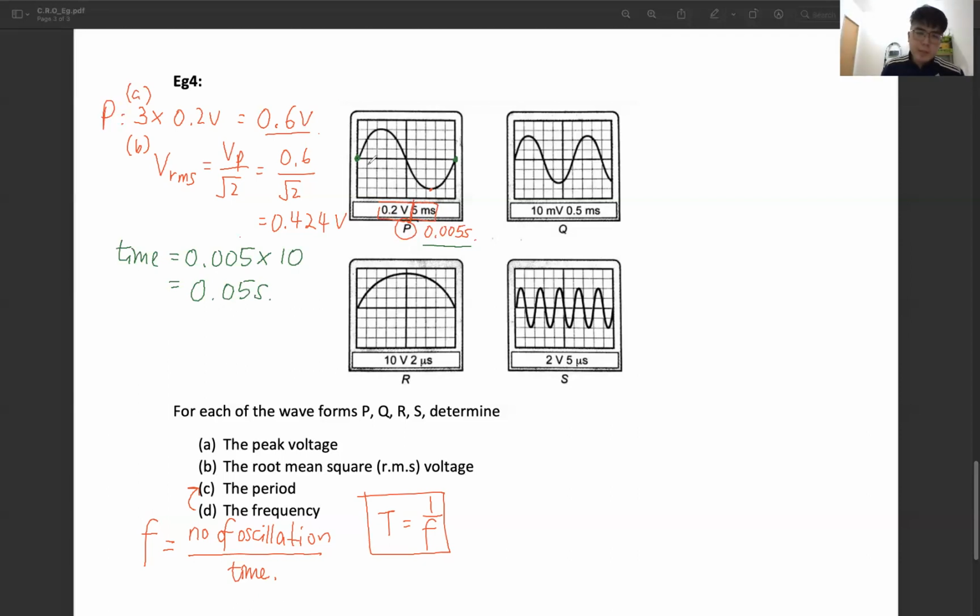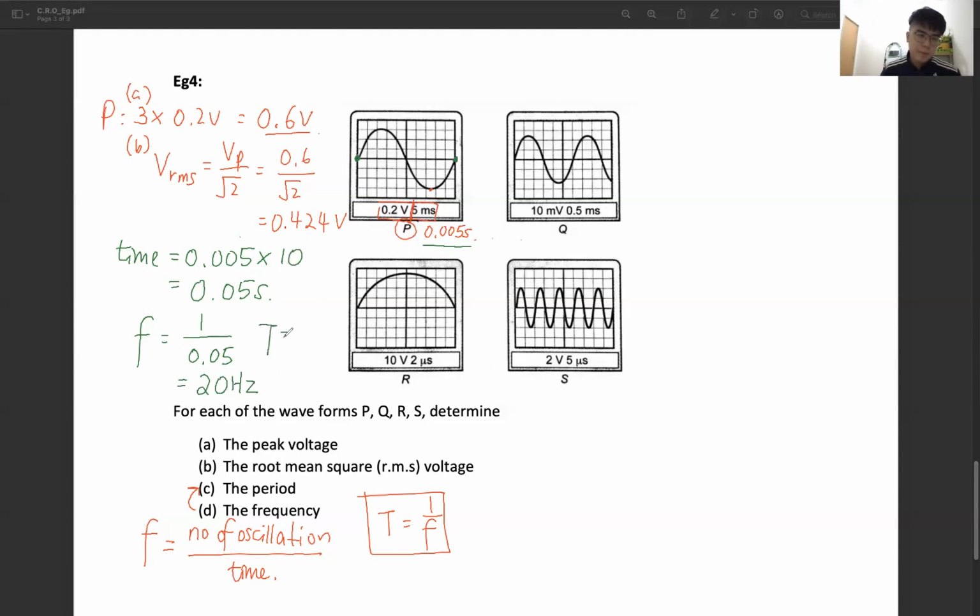So 0.05 second is from here to here, which is one oscillation. So frequency equals 1 divided by 0.05, which is 20 Hertz. This is your answer for the frequency.